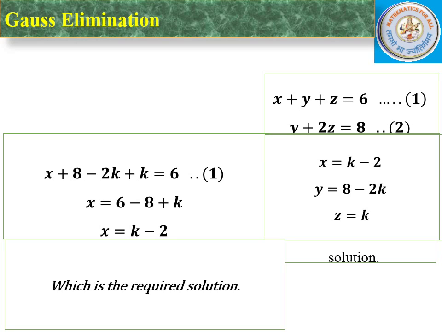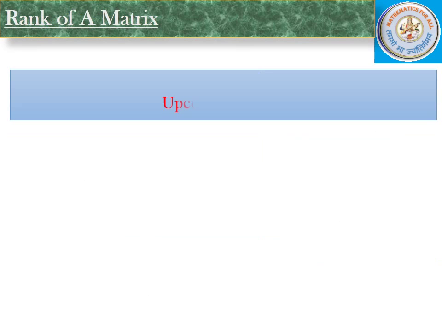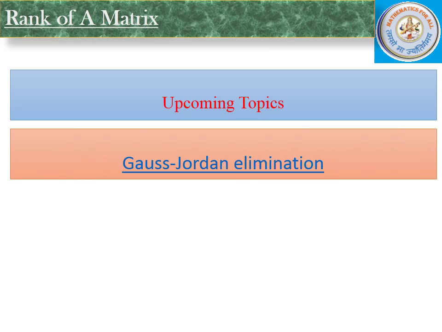So we see the two cases of consistency of a system of equations. Later on we will see the inconsistent system, where we will not get any solution. In the upcoming topic, related to Gauss elimination, we will see the Gauss-Jordan elimination method.